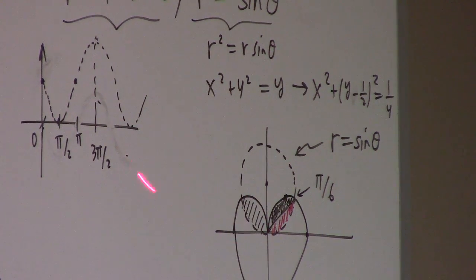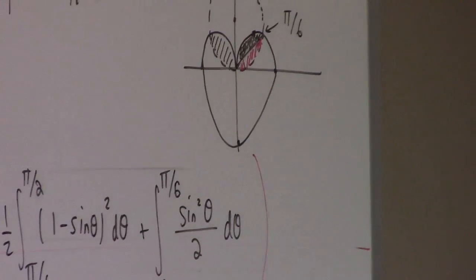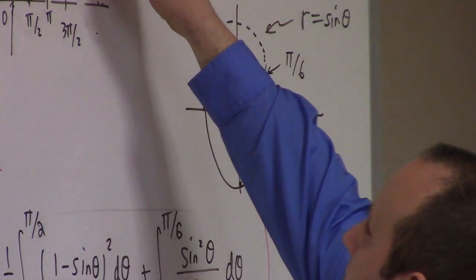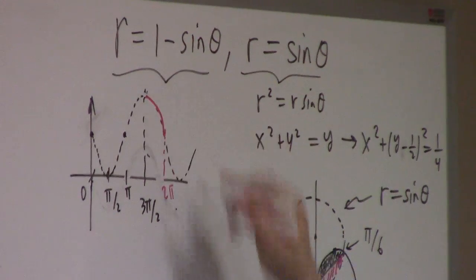That's this hump. And then from pi to 3 pi over 2, it goes to radius 2, like that. And then from 3 pi over 2 to 2 pi, it goes back to 1 here. Here's 2 pi, right? This right here would be this leg, all right?